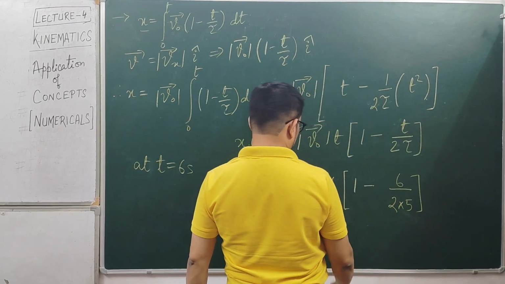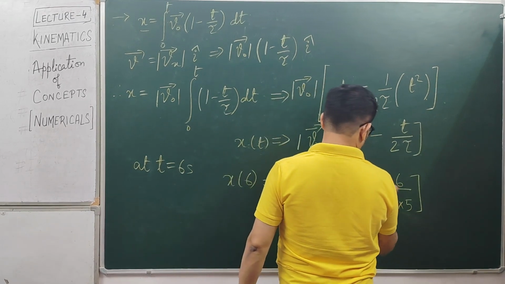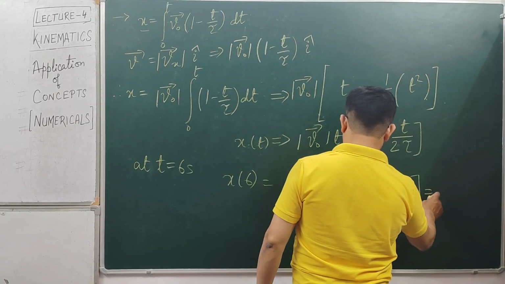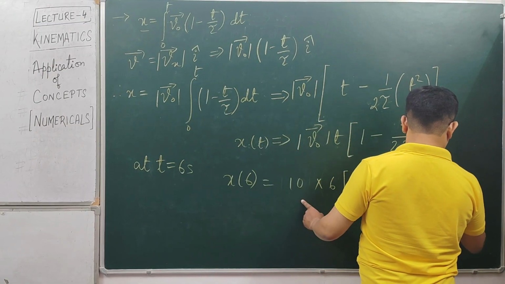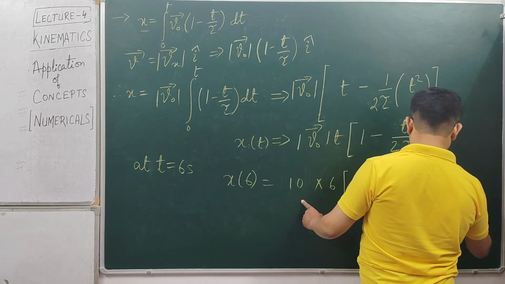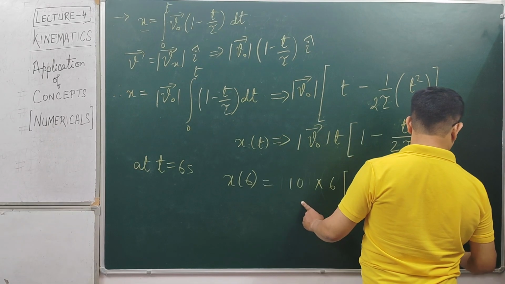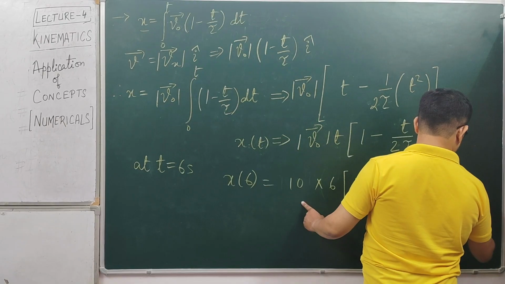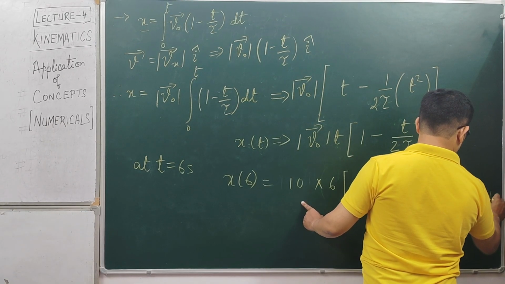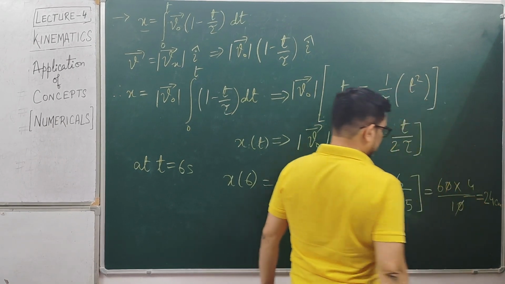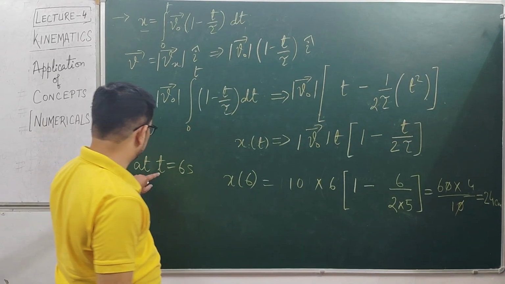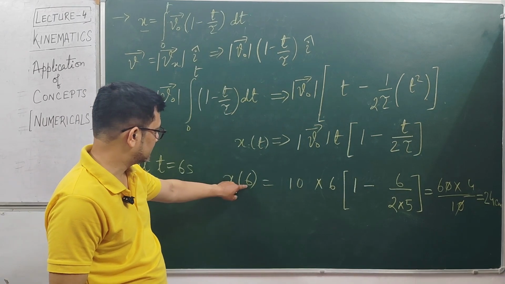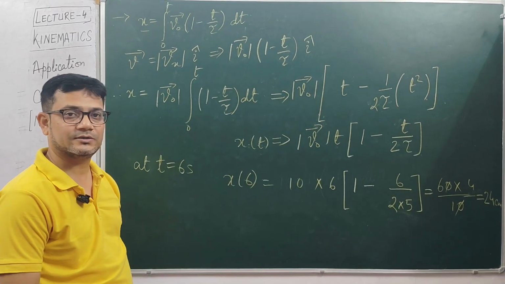So it comes out to be 10, 10 minus 6 is 4, 4 divided by 10, so this comes out to be 60 times 4 divided by 10, which comes out to be 24 centimeter. So 24 centimeter is the x coordinate at 6 seconds.